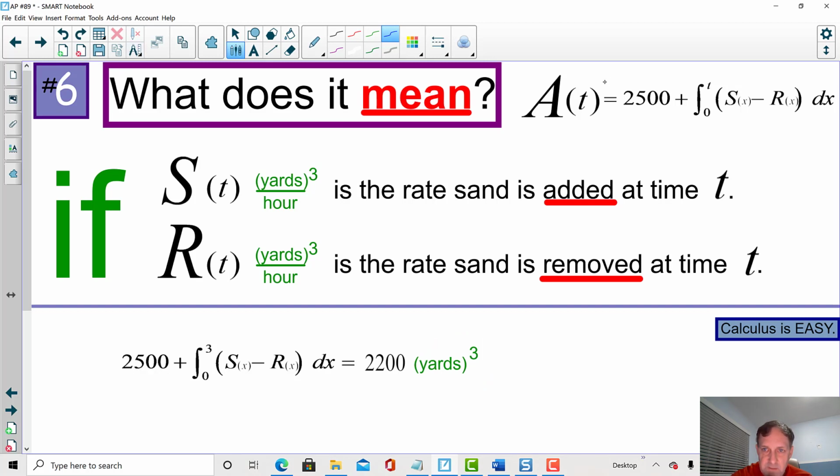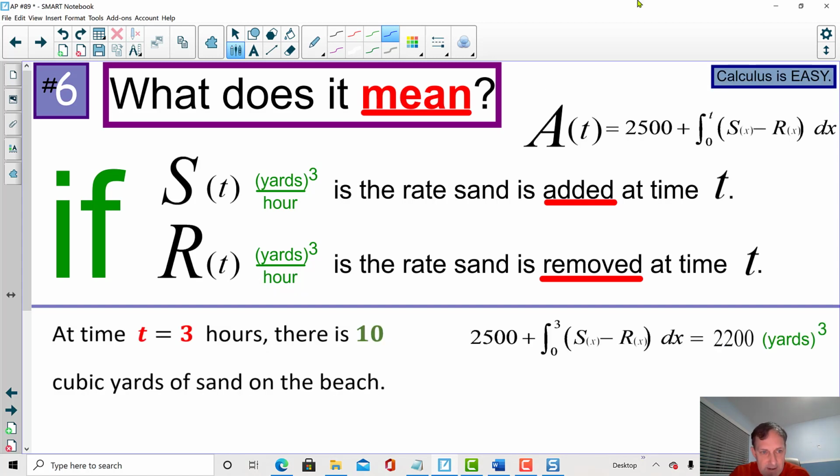And what the total change theorem does is it tells you the exact amount that you have at this moment in time. Of course, this has to match this time here. So our time is 3, and the units are hours. So we're going to say when t is equal to 3 hours, and then we're going to say that there's this much sand on the beach at that exact moment in time.